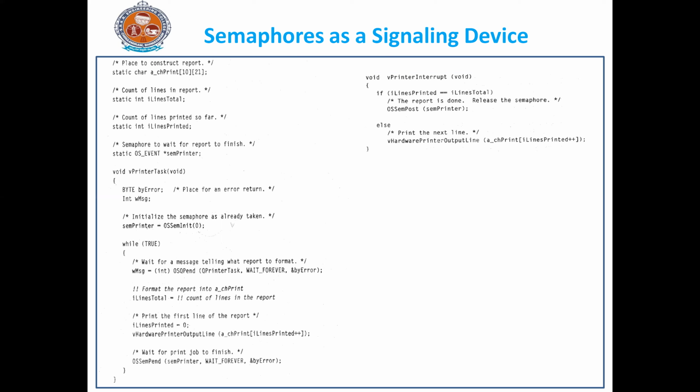For example, here is a printer task where we are using the semaphore. This is a variable that constructs the report, this specifies the total number of lines in our report, and this is the count of lines printed so far.